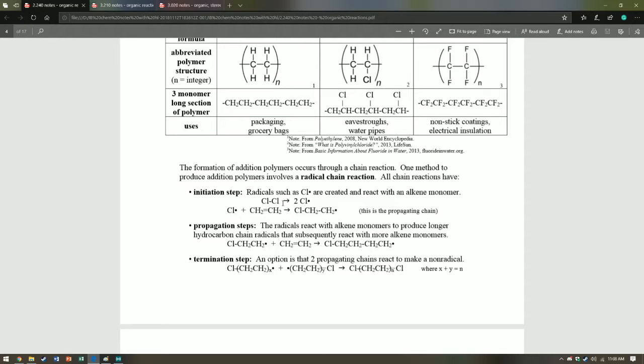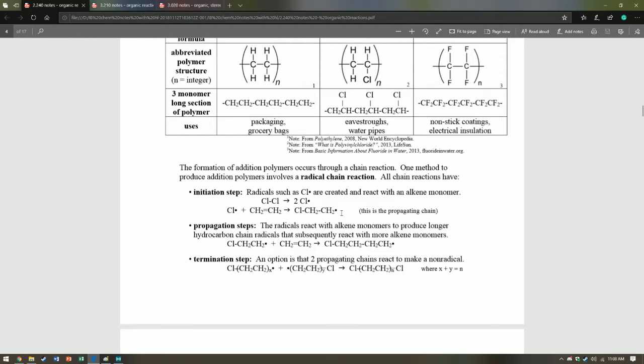The UV light has enough energy to break that bond homolytically, and you get two chlorine radicals. Then you react these radicals with alkenes, and you get larger radicals. Here the Cl radical attacks this ethene molecule, forming a larger radical.